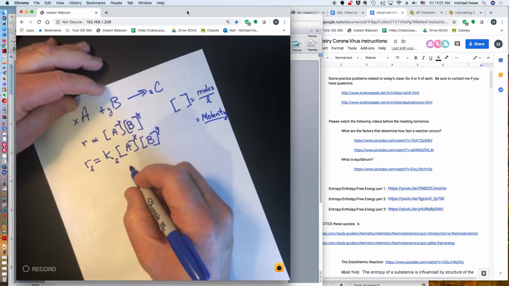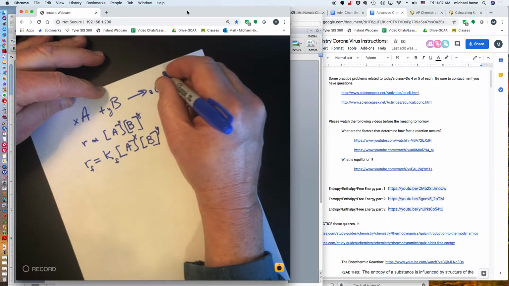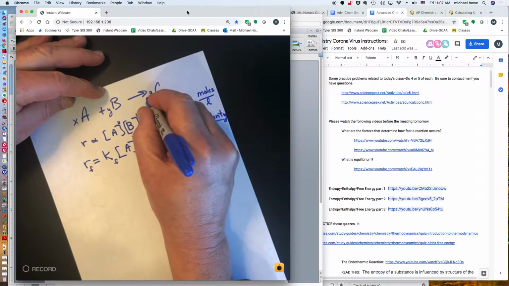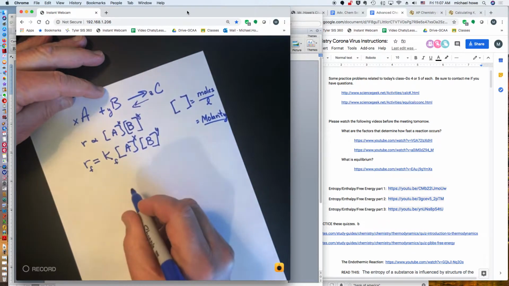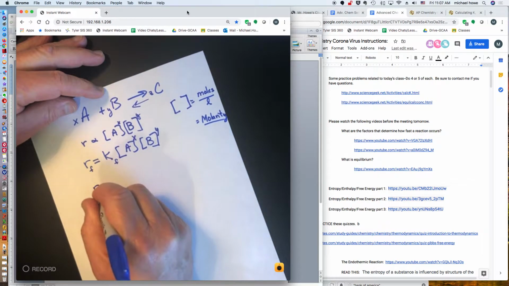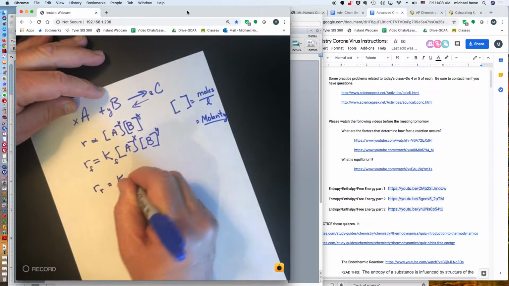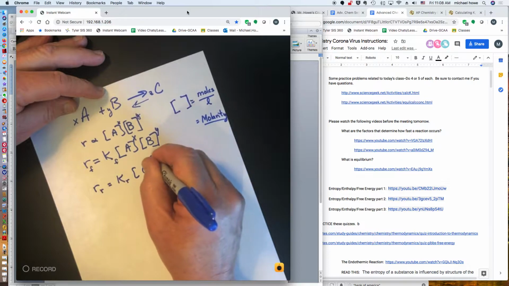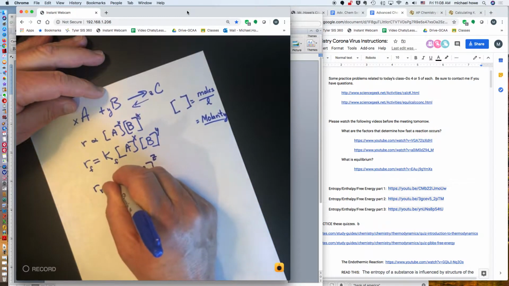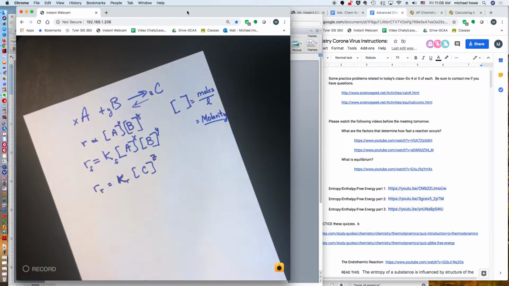Now I could write a rate law for the reaction if I went the other way with it, so C turns into A and B. The rate law for that reaction would be called R reversed, and that would equal K reverse multiplied by C raised to its coefficient, which would be Z. So those are equations for rate laws.